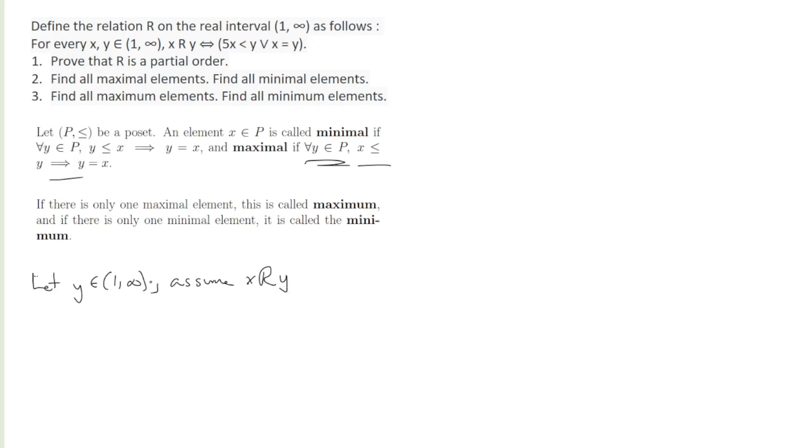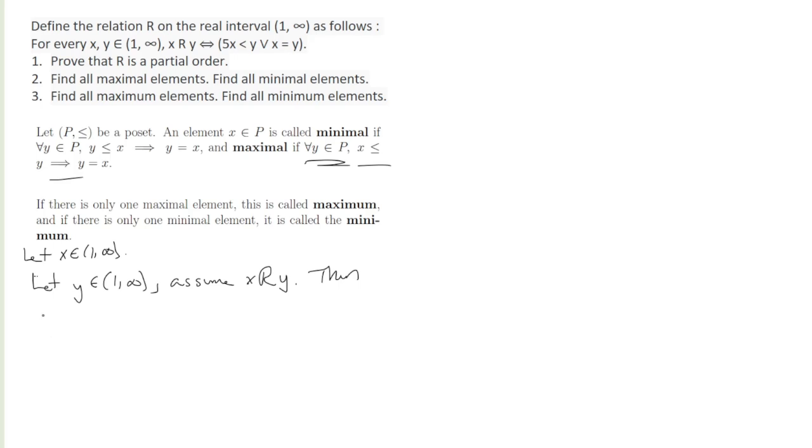Now, wait a minute. What's x? Notice I didn't quantify it yet. So x is the thing I'm claiming or I'm checking is maximal. Okay? So let's say let x be some random thing, some fixed element, but in the set 1 to infinity. So assume x is related to y. Then I need to show that x equals y.